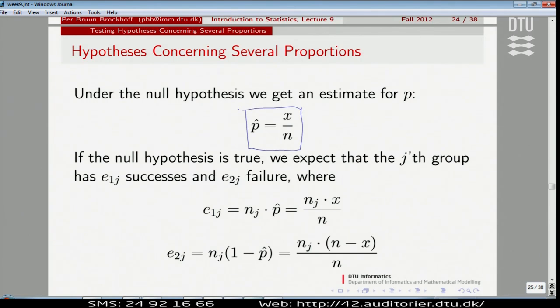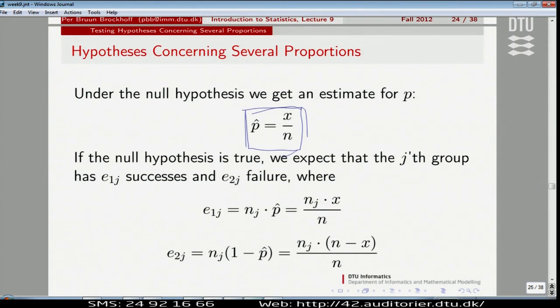If the groups are really the same, in terms of the underlying P, if the populations are really the same, and the data should match exactly with this assumption, I should have exactly this proportion of people being successes in all the groups, right? I should have the same proportion.